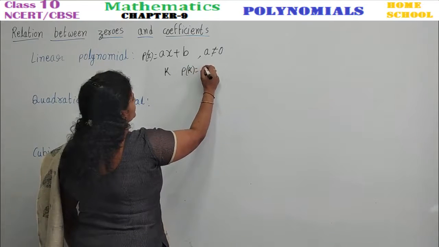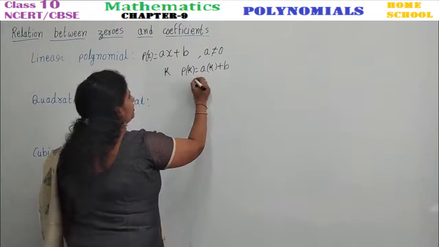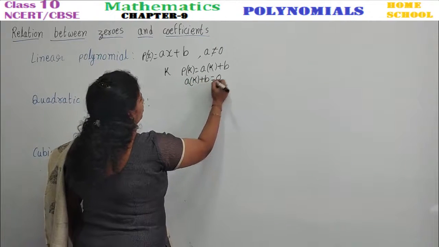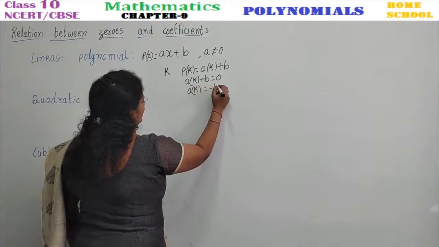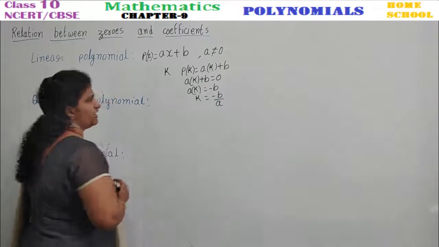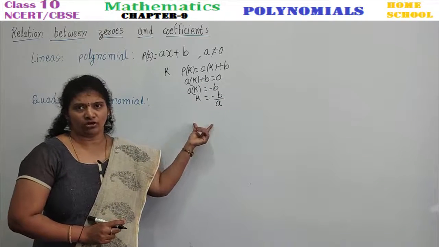P of k is equal to a into k plus b. When I equate this with 0, what happens? A into k is equal to minus b, k is equal to minus b by a. This becomes the 0 of the polynomial.